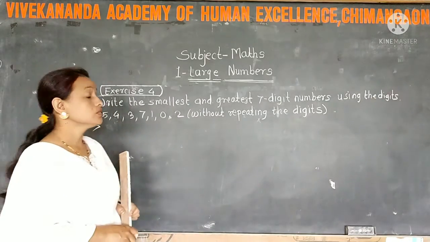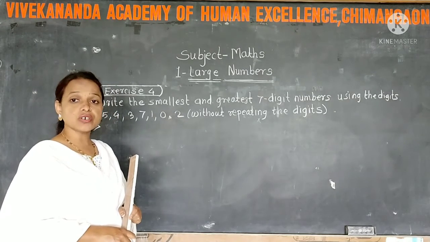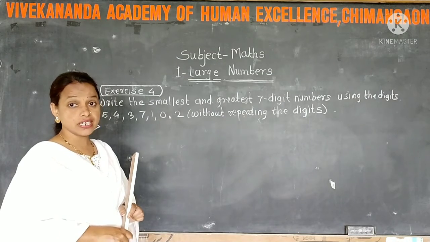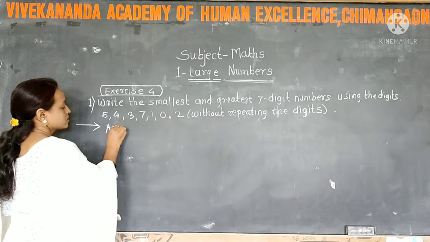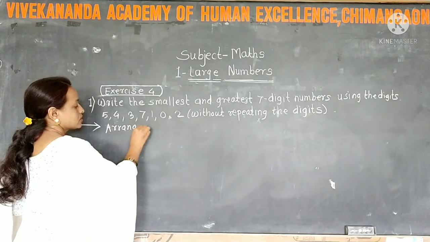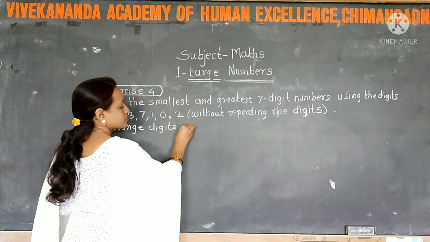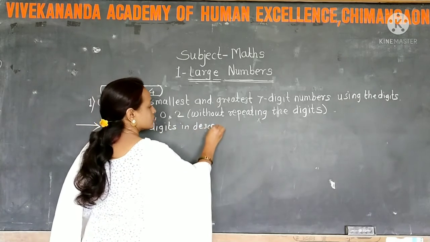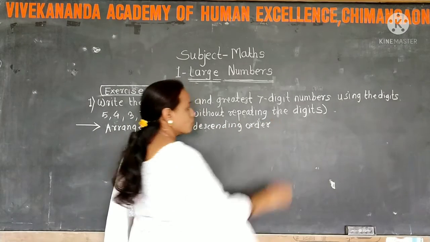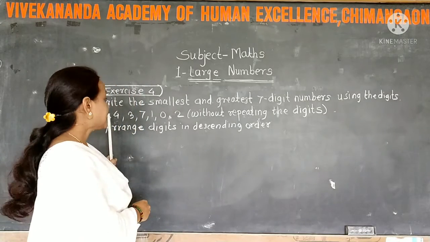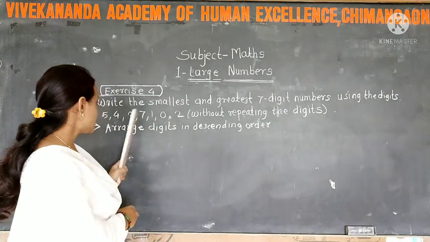Now, to form the greatest 7-digit number, we have to arrange the given digits in descending order. So we will arrange the given digits in descending order. So here the greatest digit among these 7 digits is 7.